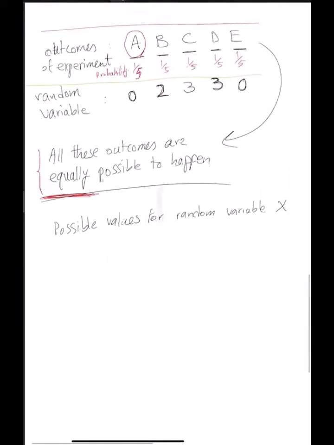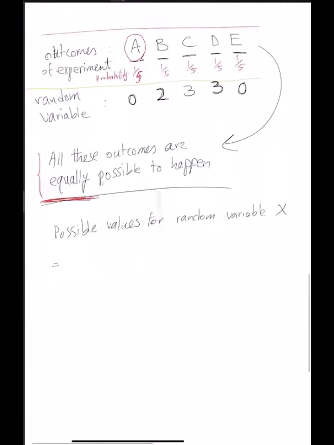What are the possible values for random variable x? Zero, 2, and 3, right? This random variable can get these possible values, 0, 2, and 3.